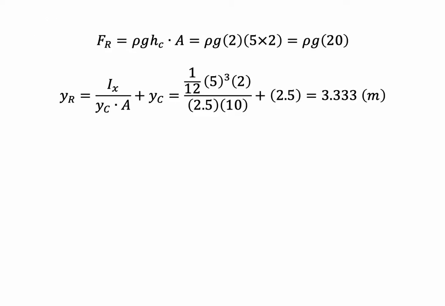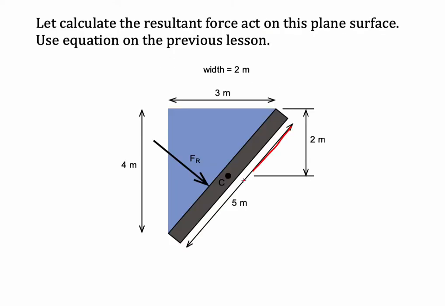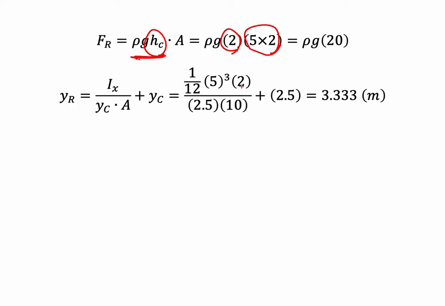We can calculate the resultant force from our previous calculation as rho g HC A. Here the HC is 2 and the area is 5 times 2, because the length here is 5 meters and the width is 2. So it is equal to rho g 20. Then we can calculate the value of YR by using this equation, and we get 3.33 meters.